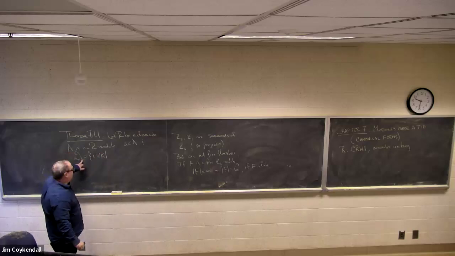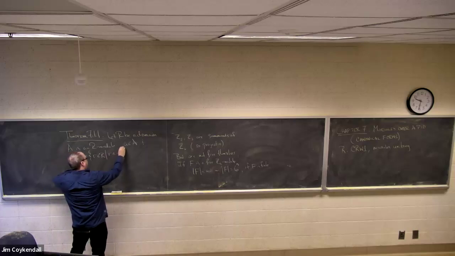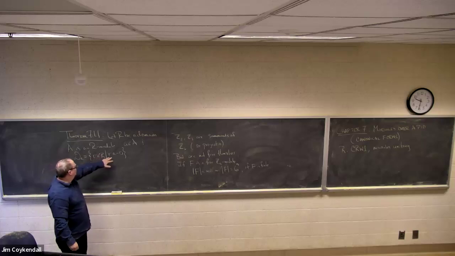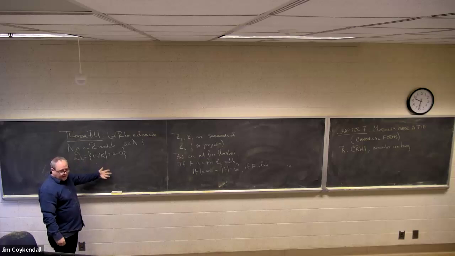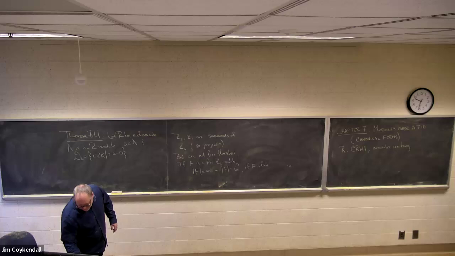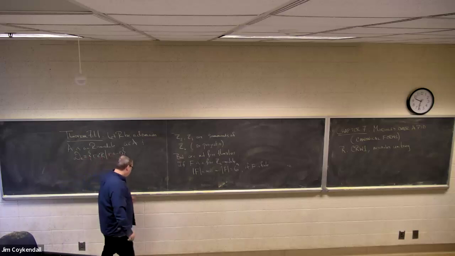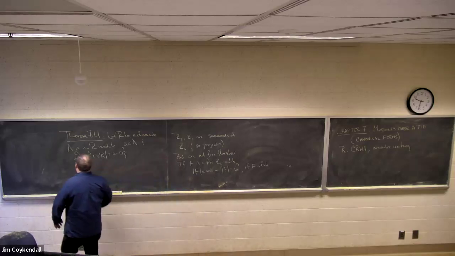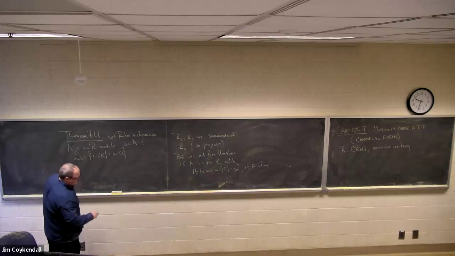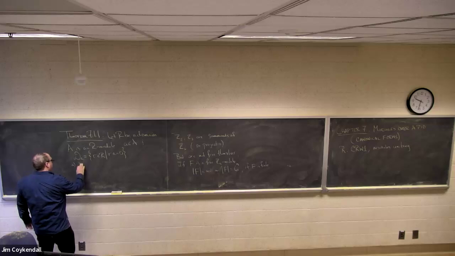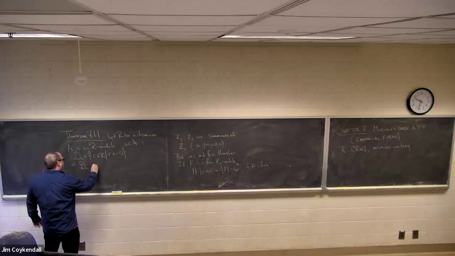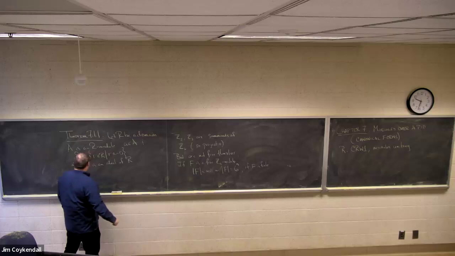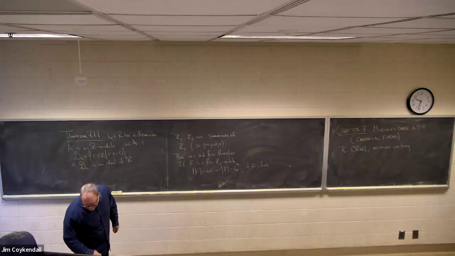This is all the stuff that kills a. Sometimes I might call this the annihilator of a, but it's just everything in R that kills a. Notice that this is always non-empty because, for example, zero is always in this set. In fact, part (a): this is in fact an ideal of R.